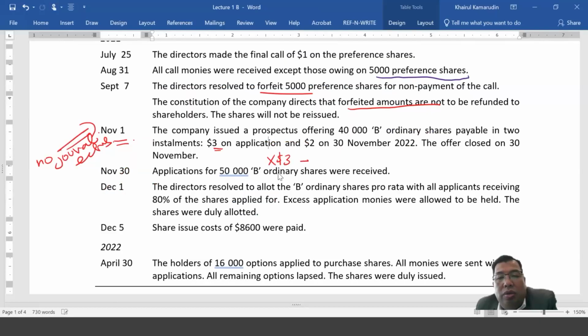So we receive cash of 150,000. The cash is not ours yet because we haven't decided who will get the shares. So we put it into a temporary cash account. We call it cash trust.